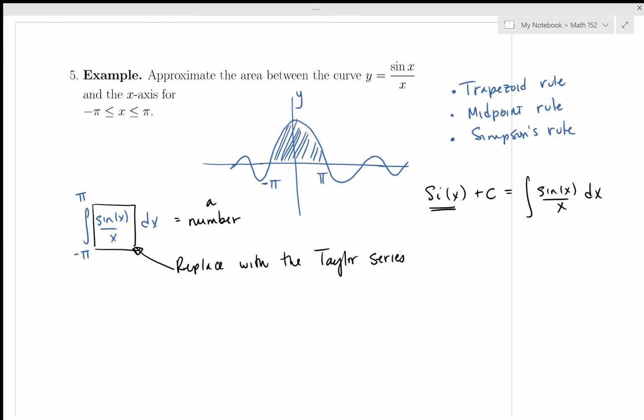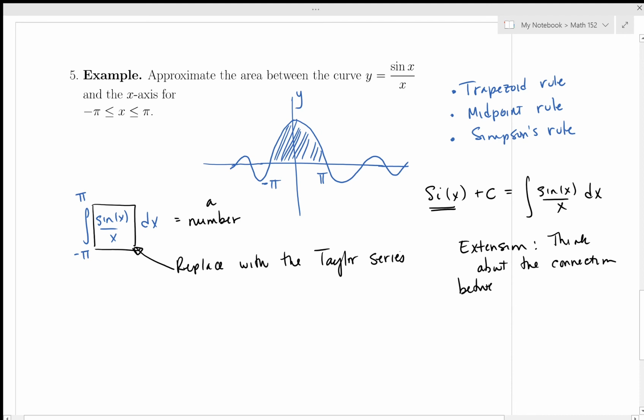Okay, so an extension for those of you who wish to think about this extension, I want you to think about the connection between using the Taylor series here and the numeric methods we listed above: the trapezoid rule, midpoint, Simpson's rule.